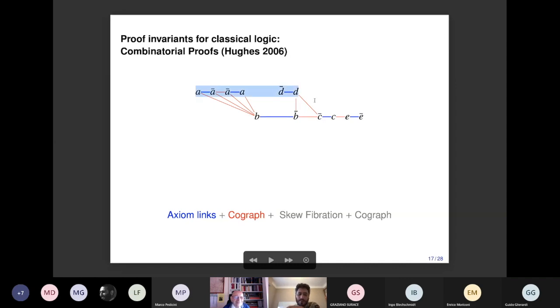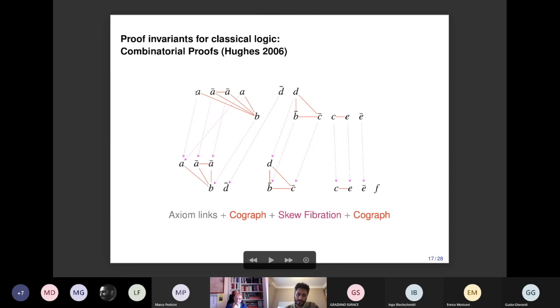However, we are able to characterize graphs which represent linear correct provable formulas. So we have a way to represent proofs by just drawing a graph encoding a formula and some links, which is more or less the same idea as the proof net. In fact, this is another syntax for proof nets.